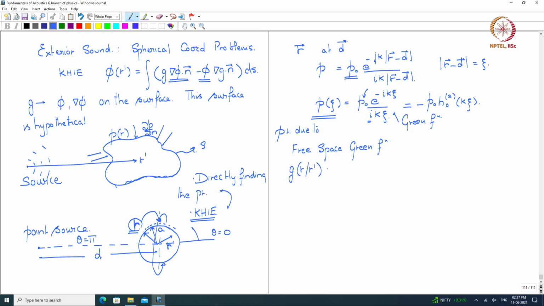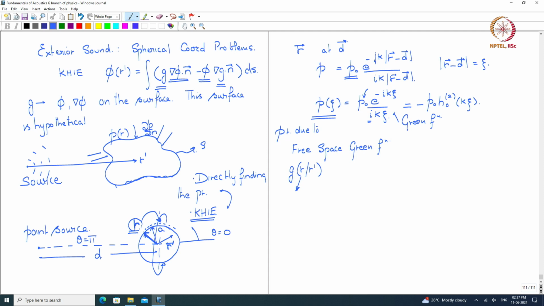Now r dash, r as I said will rove on the sphere. We will use g on the sphere, and therefore r will be the roving integration variable and r dash is any interior point. So r dash is less than r.